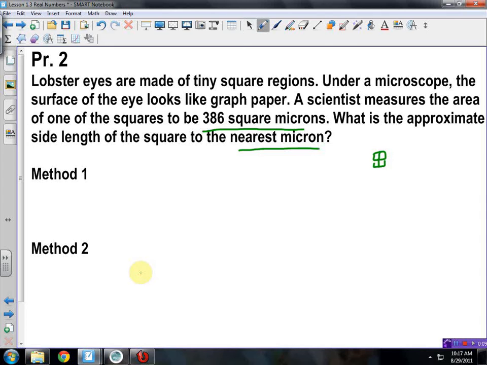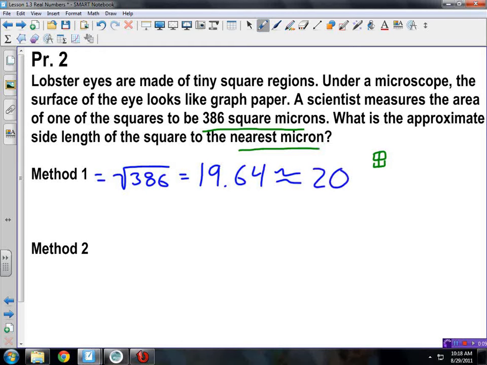So method 1, right? We said square root of 386 was equal to 19.64, which is, what does that symbol mean? About 20 microns. Yeah, that's method 1.